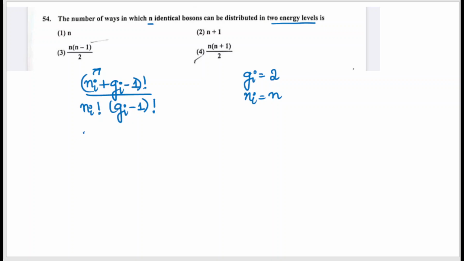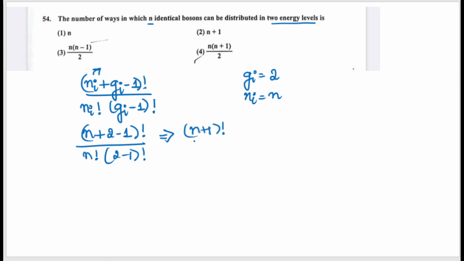I'll get n plus Gi, which is 2, minus 1 factorial, divided by n factorial into Gi minus 1, which is 2 minus 1 factorial. So after solving, n plus 2 minus 1 is n plus 1 factorial divided by n factorial into 1 factorial, and 1 factorial is again 1.